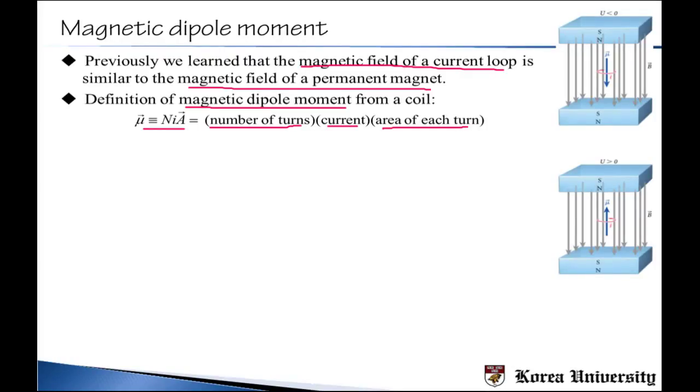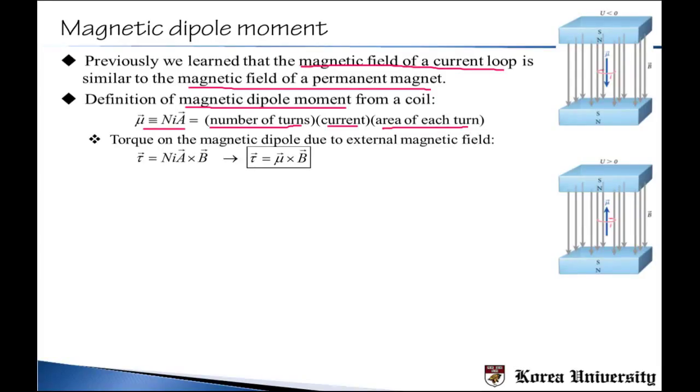dipole moment. So if we define it this way, then the torque on the magnetic dipole due to the external field can now be written this way. This is exactly the same equation we had in the previous slide, and now this part actually can become the magnetic dipole.